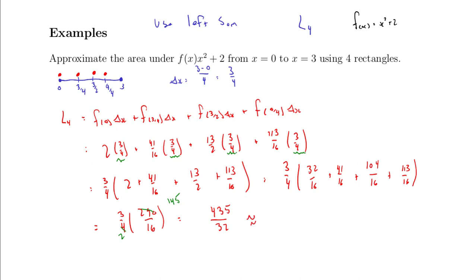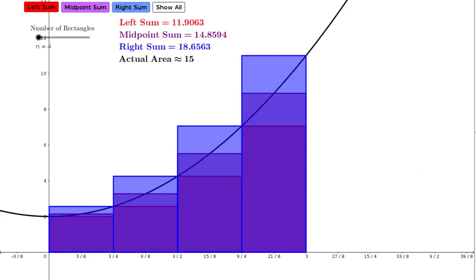And then I will grab a calculator to see if I can figure out what this thing is. 435 divided by 32. I won't need to say approximately. I'll give it to all the decimal points. 13.5938. Hopefully that's what we got over here. Oh, no. We got something different. Well, that's no good. All right, let me figure this out.